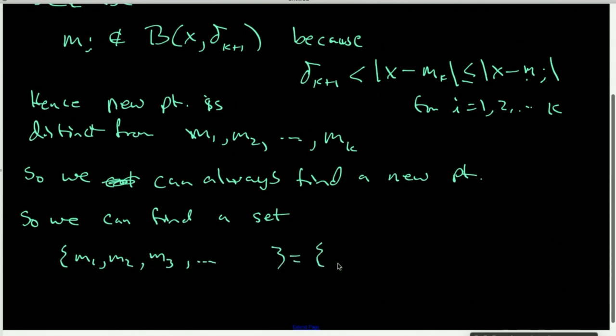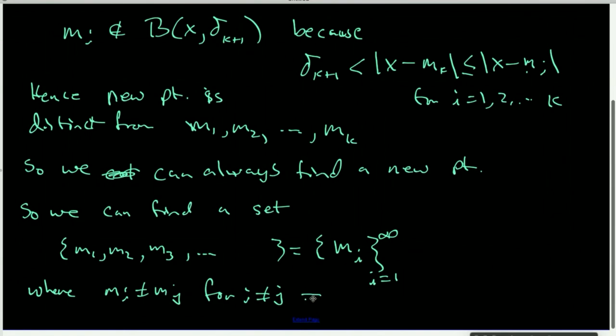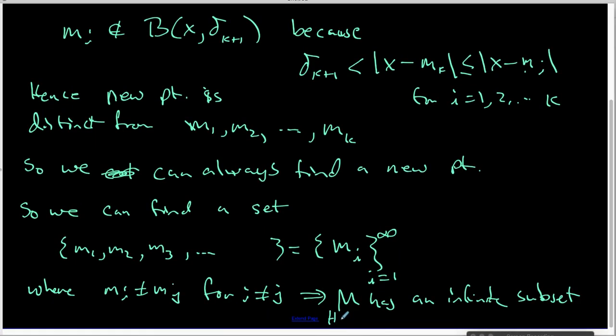And I'm going to rewrite this as the set of M_i's, such that i goes from 1 to infinity, where all of these guys are distinct from each other. And because they're all distinct, that says M has an infinite subset, and hence M is an infinite set itself. And that completes our proof.